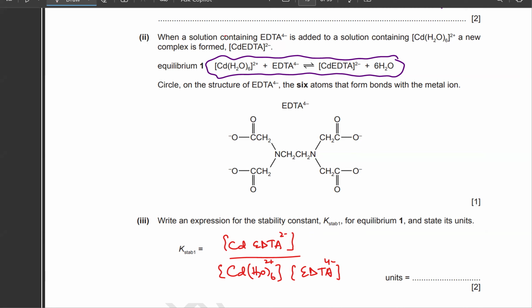And the units are going to be mole per dm cube divided by mole per dm cube multiplied by mole per dm cube, so it's going to be mole per dm cube to the power minus 1. So the unit will be mol^-1 dm^3. Is this clear? Yes, sir.